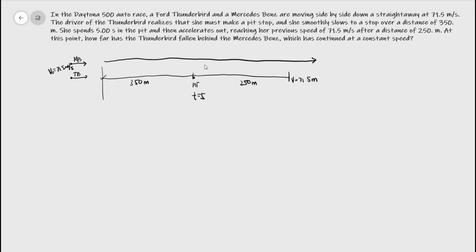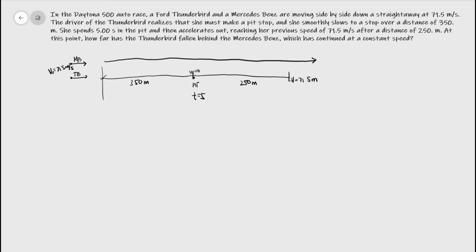Now to solve the problem, let's first consider the Thunderbird reaching the pit, therefore the final velocity of the Thunderbird here, since it needs to stop, is equal to 0.